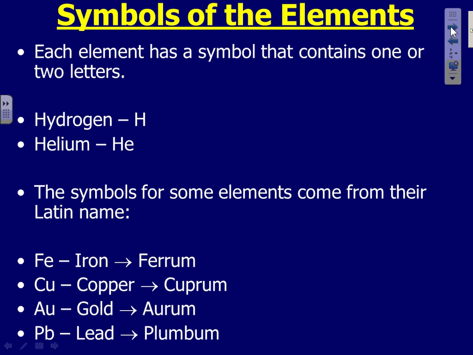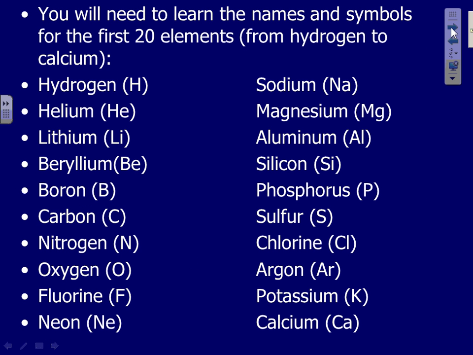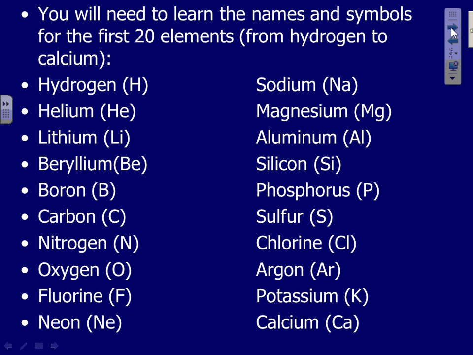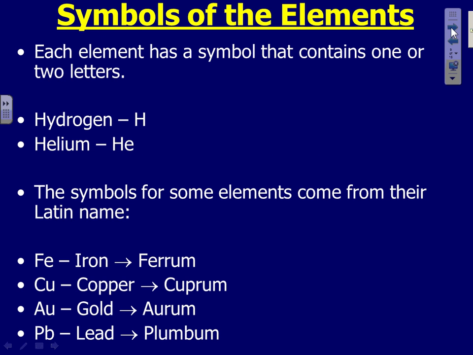Don't write this all down. Oh, actually, you know what? No, I do want this slide written down. But this slide here that says you will need to learn for a quiz that we're going to have on, I wanted it on Monday, but maybe we'll have it on Tuesday. Don't write this down. I'm going to get you to use your blank periodic table to write these down. So, write down this.